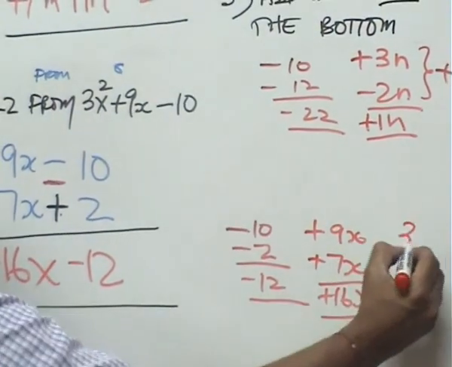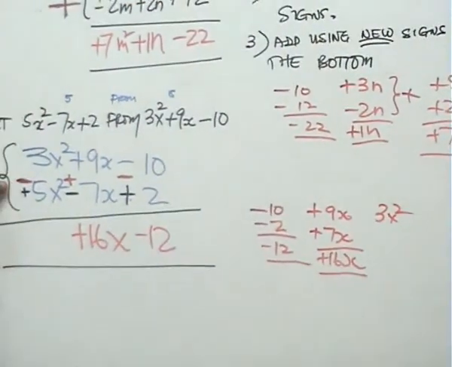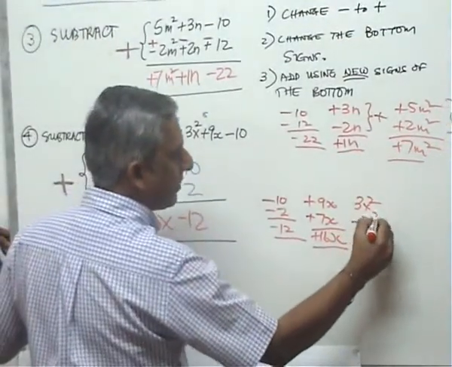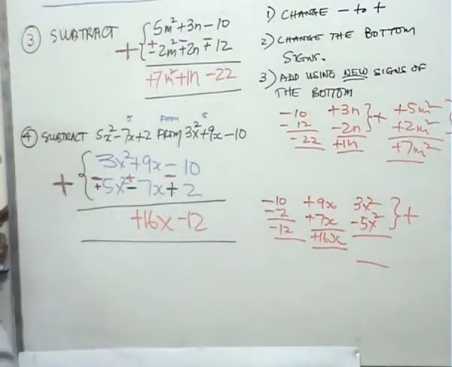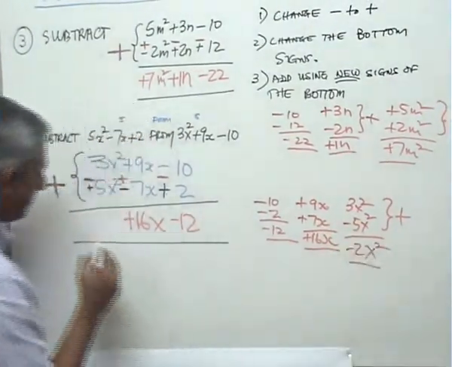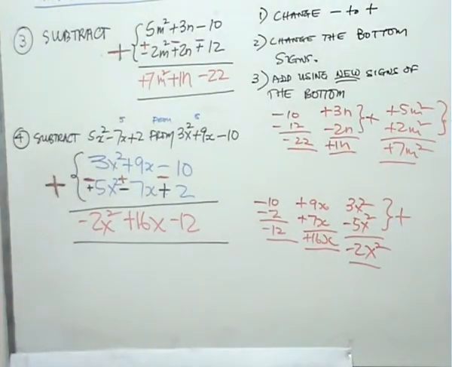And finally here you've got 3x squared on the top, and in the bottom you've got to use the new sign, so it's minus 5x squared. Remember we are now adding them up. So you have 3, you owe 5, you owe 2. So you get minus 2x squared.